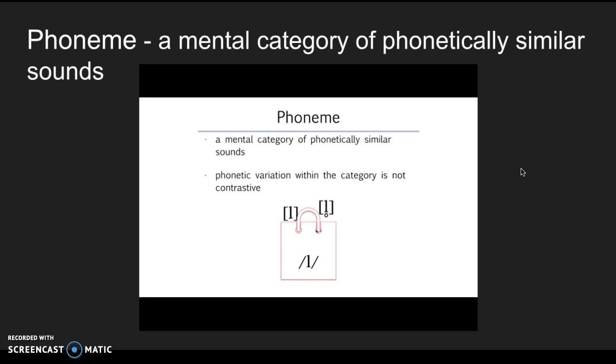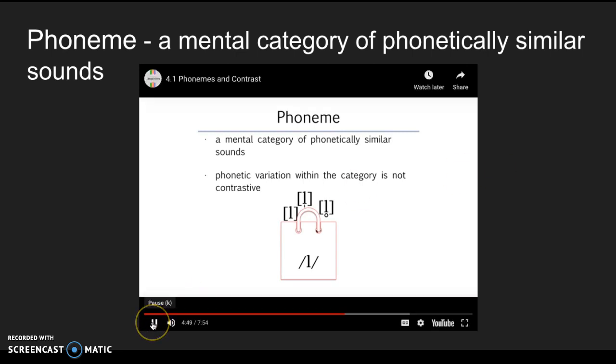It doesn't change the meaning of a word. So when we hear voiceless L, we also put it in the same category in our mind. And when we hear a syllabic L, that's not contrastive either. So we put that in the same category. All of those L's are a little bit different from each other phonetically. But those phonetic differences are not contrastive because they don't lead to a change in meaning. So all of those L's are members of a single phoneme category in English.